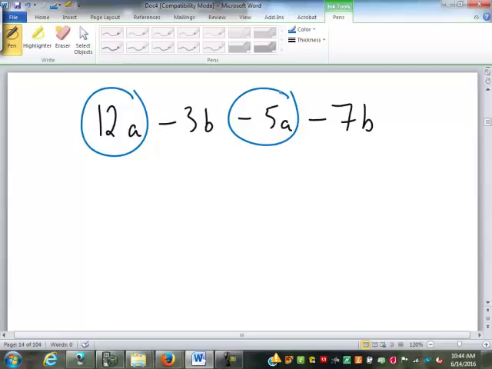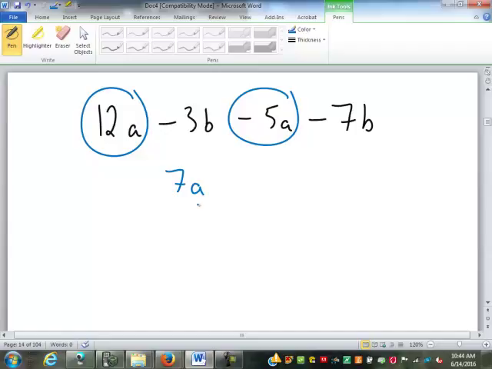I can just say that's 12a subtract 5a, or I could look at it as that's 12a and a negative 5a. Either way, they combine to make 7. 12 minus 5 is 7. And we keep the same name of a. So yeah, whether we think of it as 12 minus 5 or 12 plus a negative 5, we get 7.